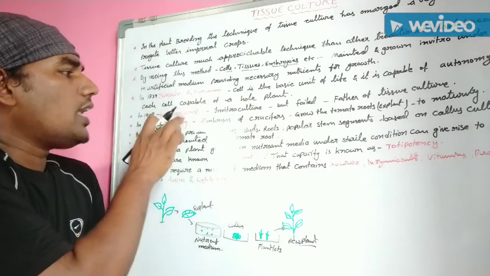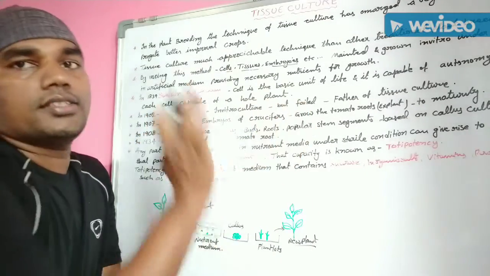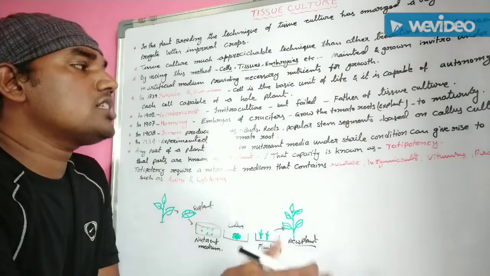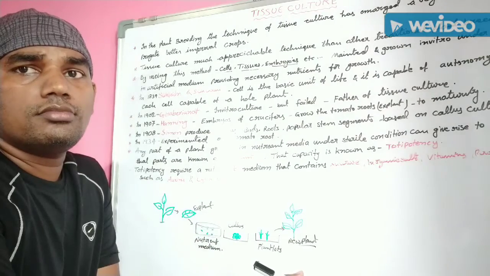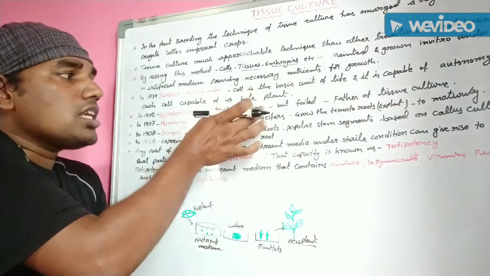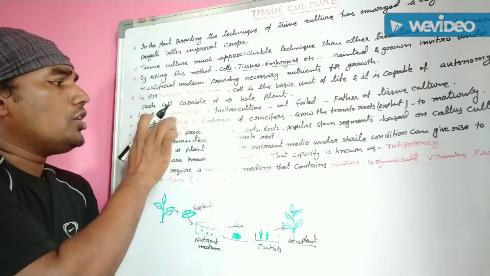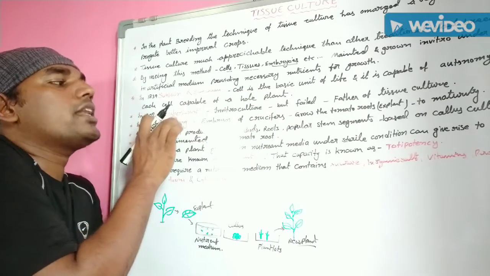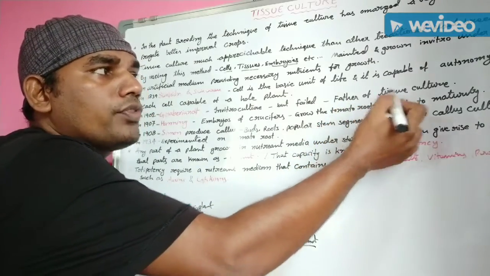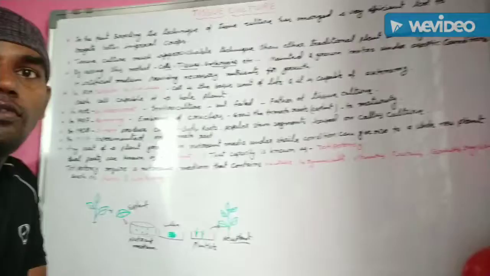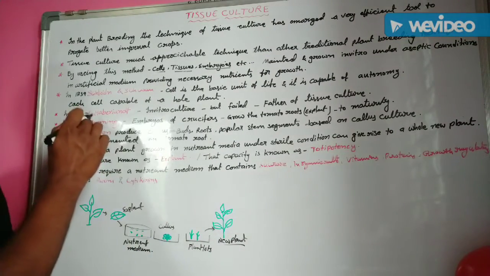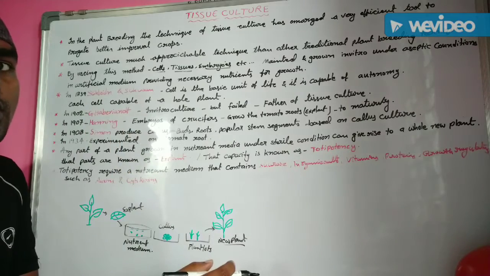So his experiment failed. The callus culture failed. Understand? But the in vitro culture method was introduced by G. Haberlandt. So he is considered the father of tissue culture. Who is the father of tissue culture? G. Haberlandt. Understand?